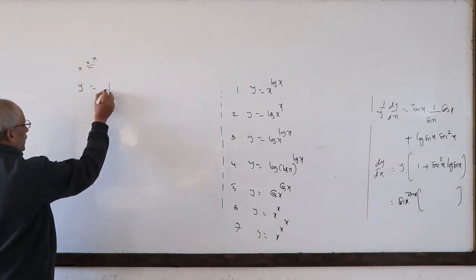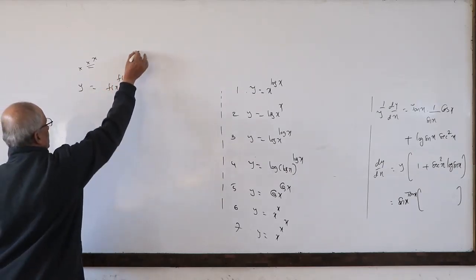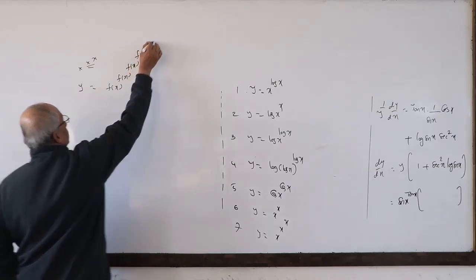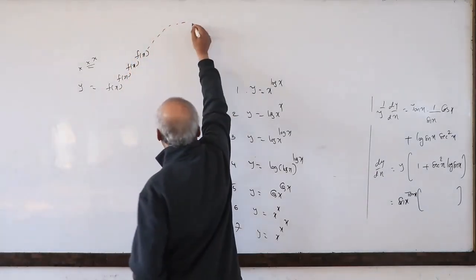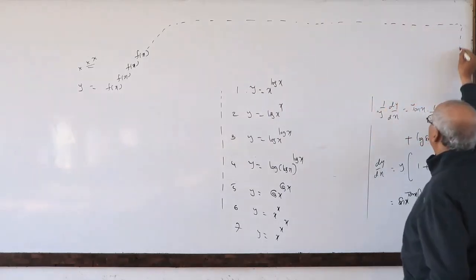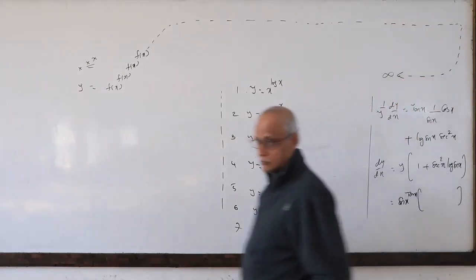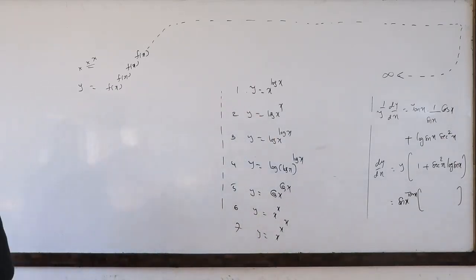y is equal to f(x) power f(x) power f(x) power f(x) power f(x) power, completely going on and on to infinity. How many times is it going? So many times.